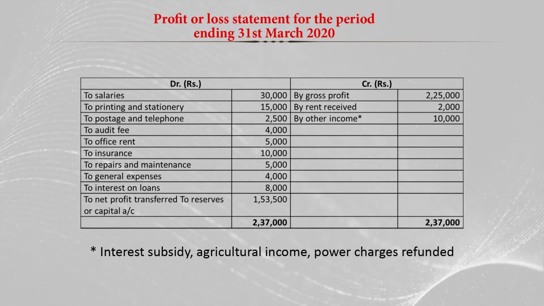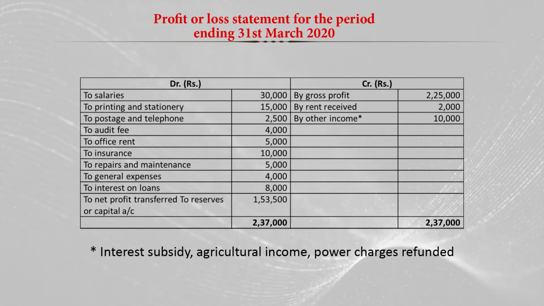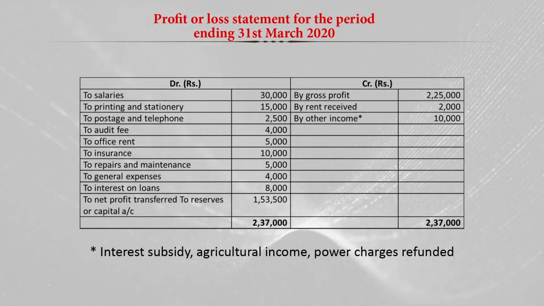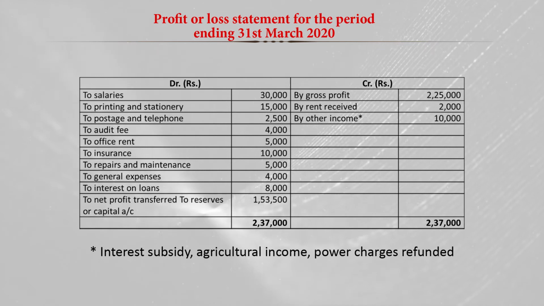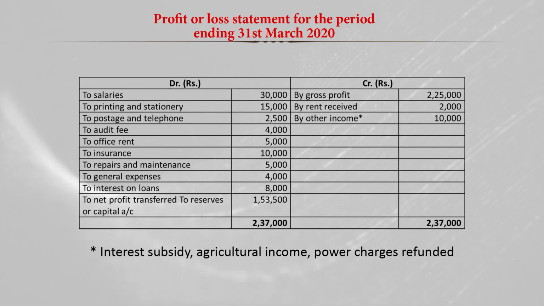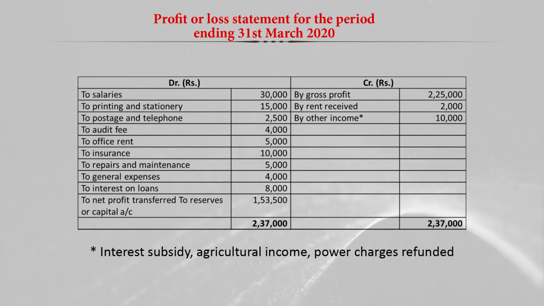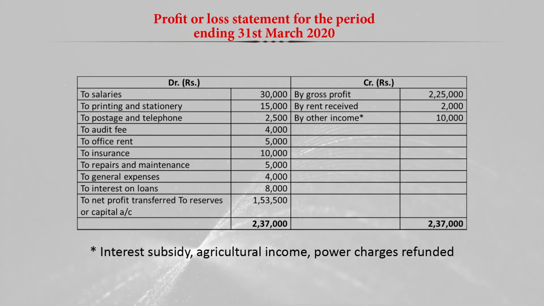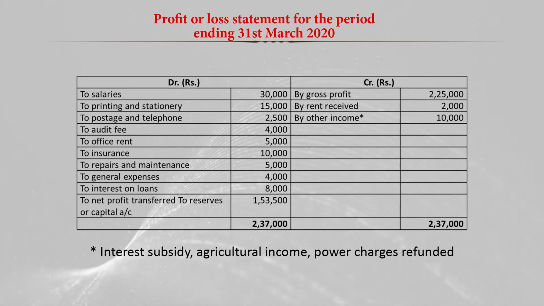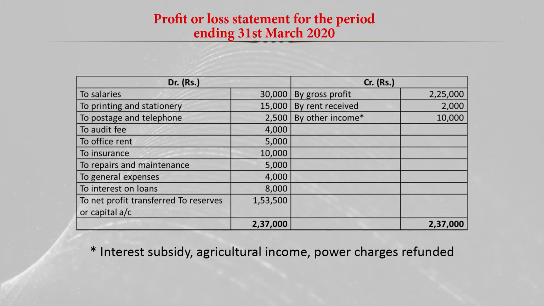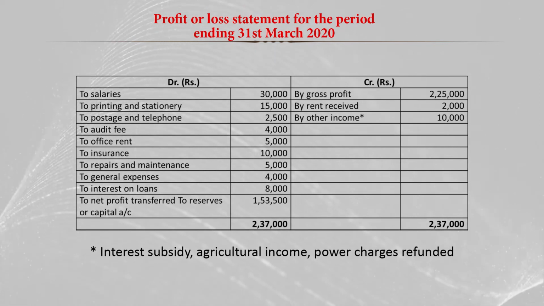So on the debit side we have given the various expenses: salary, that is 30,000; printing and stationery cost 15,000; postage and telephone cost 2,500; the audit fees is 4,000; the office rent is 5,000; insurance is 10,000. Repair and maintenance cost is 5,000, the general expenses 4,000, and interest on loan is 8,000.